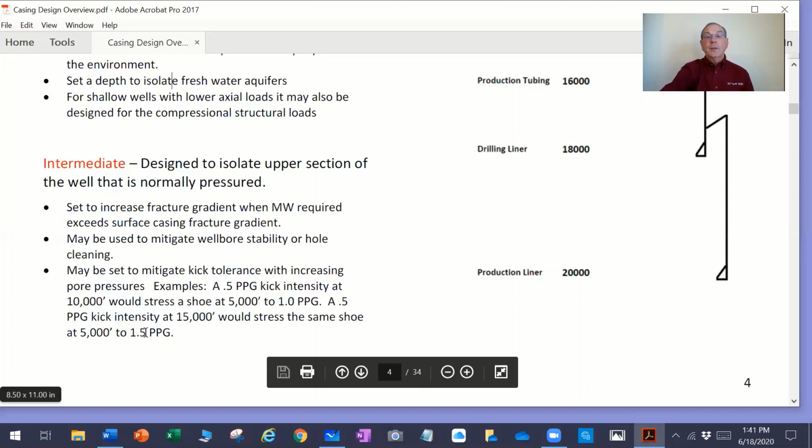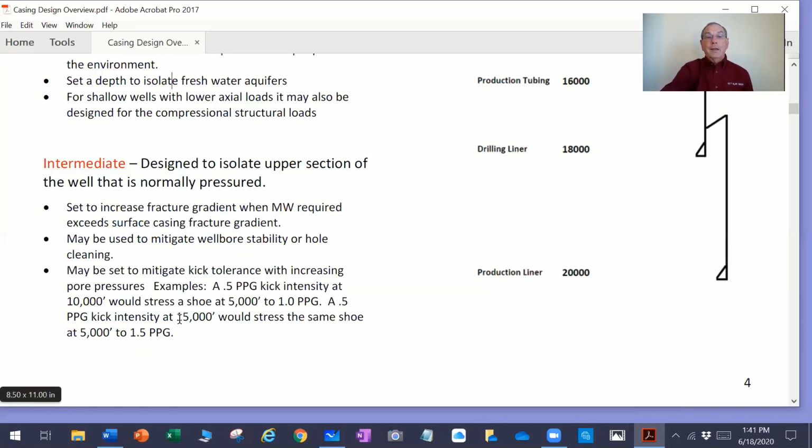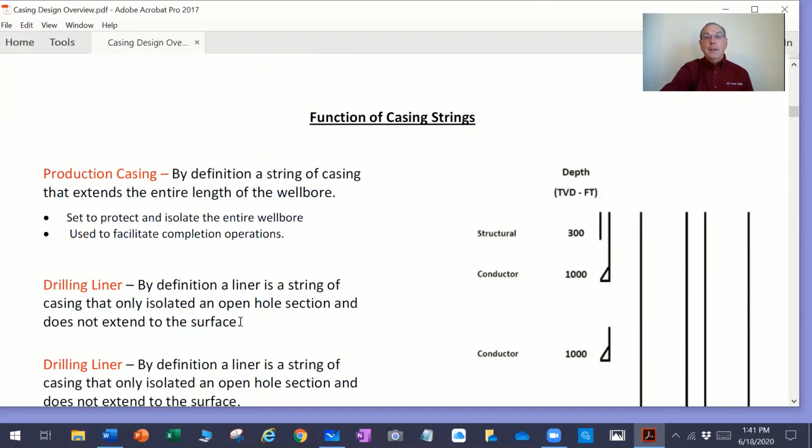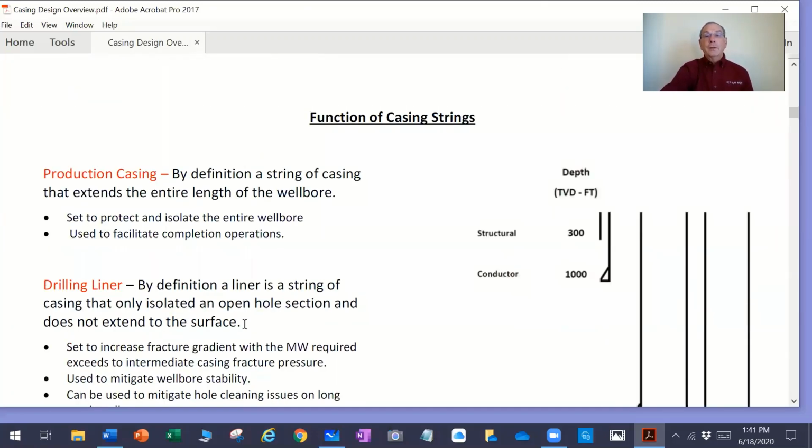So sometimes companies have processes in place to mitigate kick tolerance. So that could be another reason that we might set intermediate casing. And it also could be a regulatory requirement. So there are different reasons that we might set intermediate strings of casing.